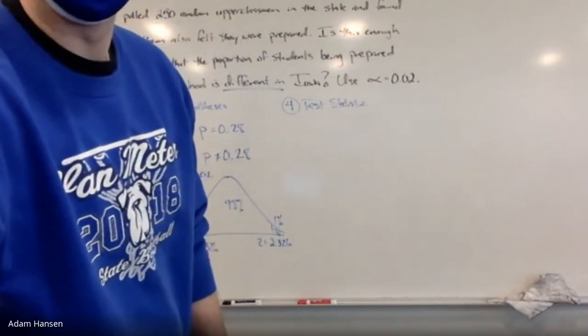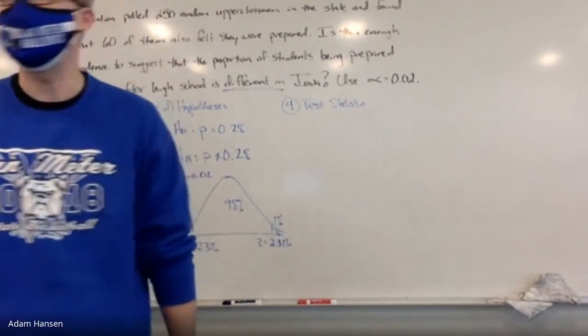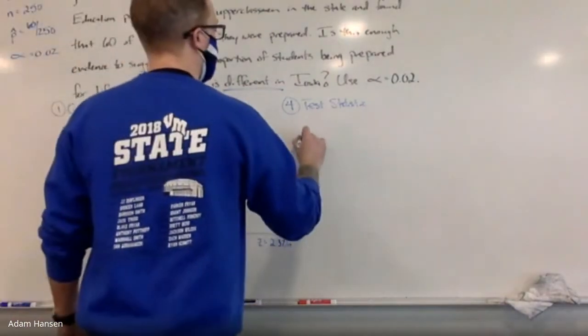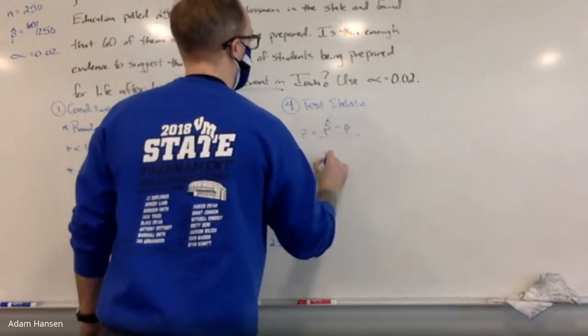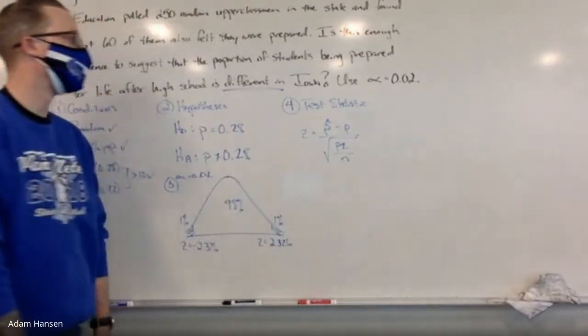On the back page, z-test for one proportion. We're taking a sample and recording one proportion of the population. So our test statistic, our z-score, is p hat minus p, divided by the square root of p times q over n.